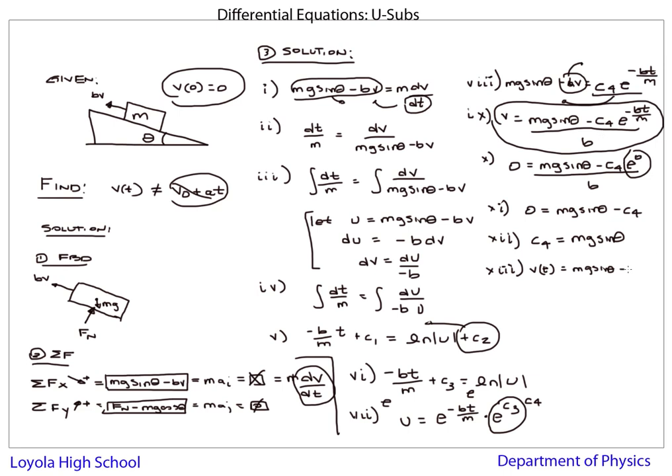What's C4? mg sine theta, I'm going to run a space here, times, I'm going to put a times here. Sorry, I ran out of room. There's a multiplication sign there. Times, continue it down here, e to the minus bt over m. Hope you can read that.